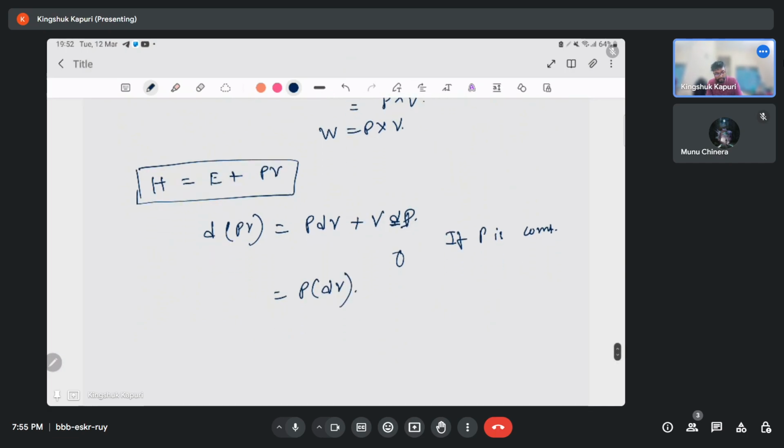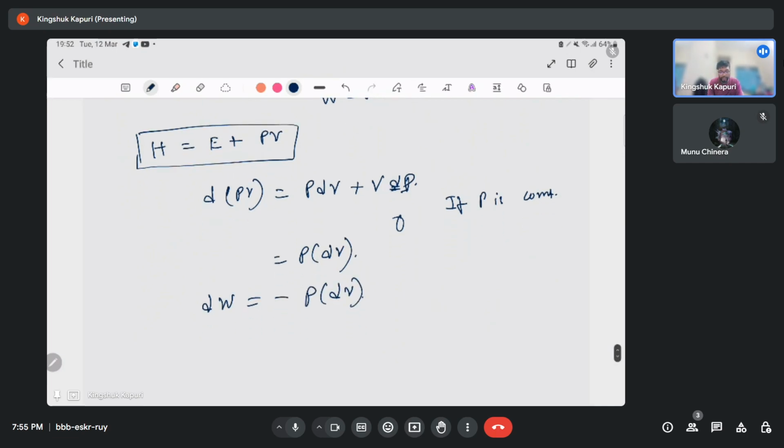So dW equals minus P of dV. ये हम लोग जनरली लिखते हैं क्योंकि एक नेगेटिव साइन हम लोग देते हैं, क्योंकि with this negative sign it implies that if we are increasing the pressure, your volume decreases, it contracts.